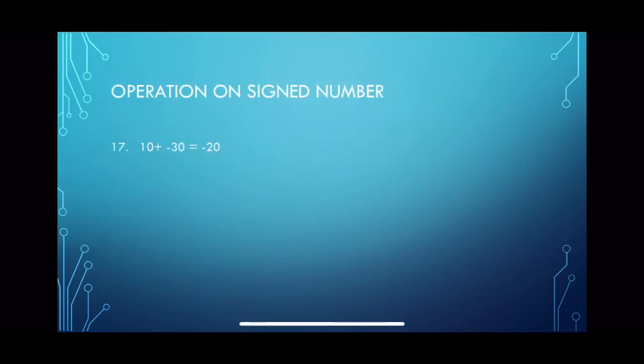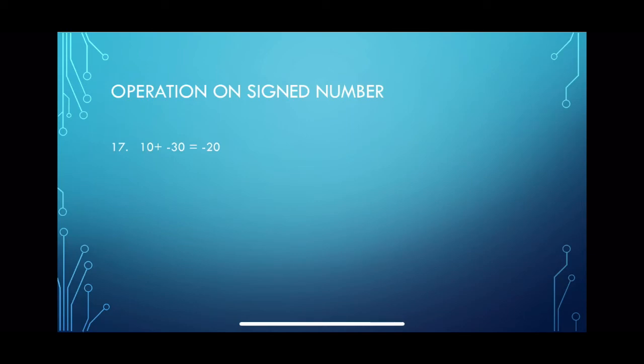For number 17, we have 10 plus negative 30 is equal to negative 20. Again, different signs, and we have negative 30 as the bigger number, so we subtract and then follow the sign of the bigger number.